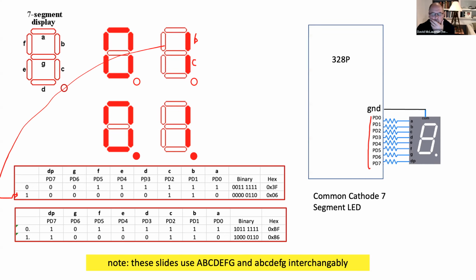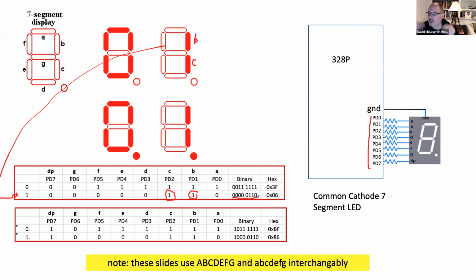If I want to glow a 1, that means I want to make B high, C high, and everything else low. In other words, I want to send out to port D the binary word 00000110.